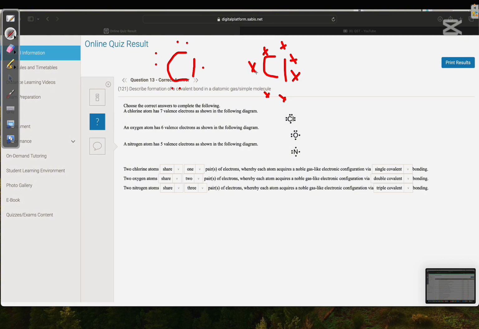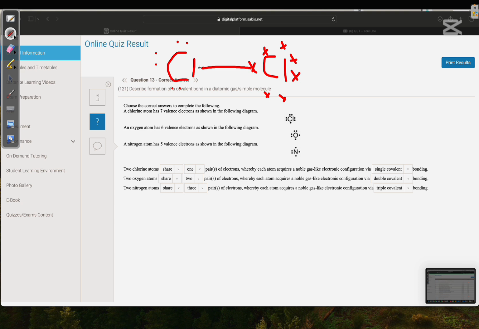Okay, so look, each chlorine needs one electron, so two chlorine atoms will share one pair of electrons. One pair of electrons is 2 electrons.